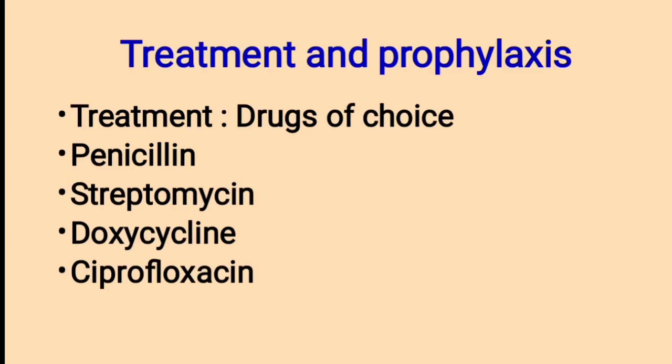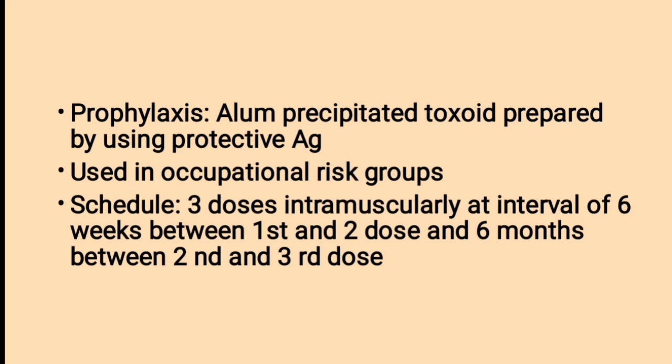What are the treatment and prophylactic measures for Bacillus anthracis? For treatment, mainly 4 antibiotics are used: first penicillin, second streptomycin, third doxycycline, and fourth ciprofloxacin. Then prophylaxis includes alum precipitated toxoid prepared using protective antigens.